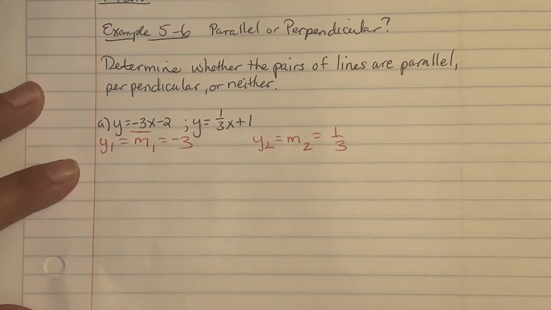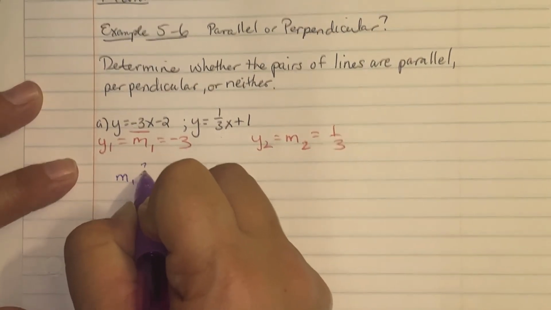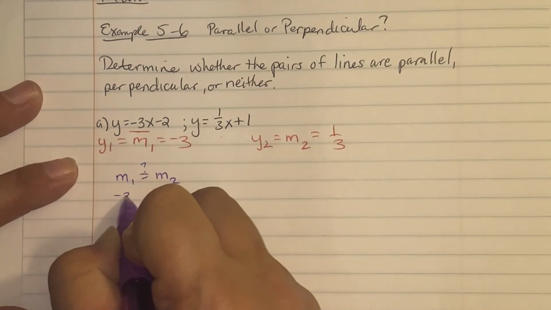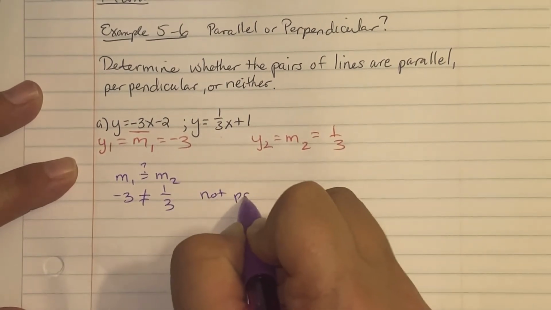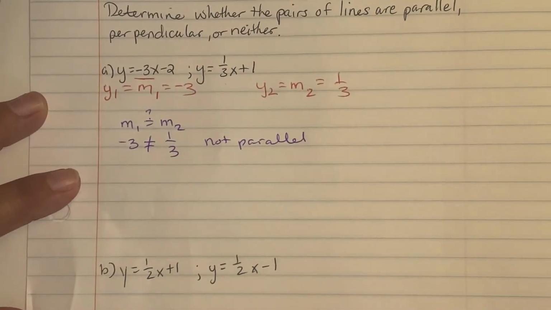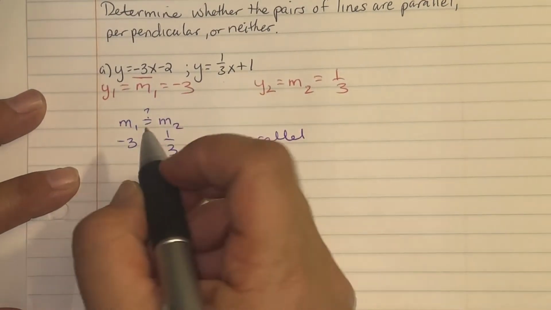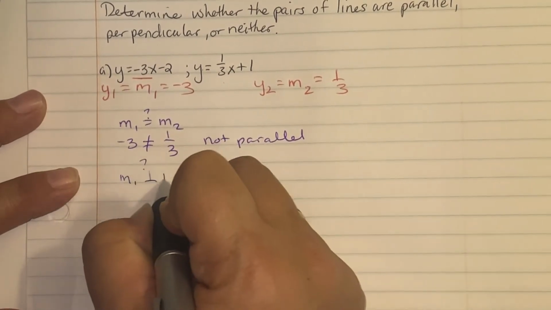So to know if they are parallel, perpendicular, or neither, we're going to compare them. Is slope 1 the same as slope 2? Well, -3 does not equal 1/3, so we're not parallel. The next one is, is slope 1 perpendicular to slope 2?